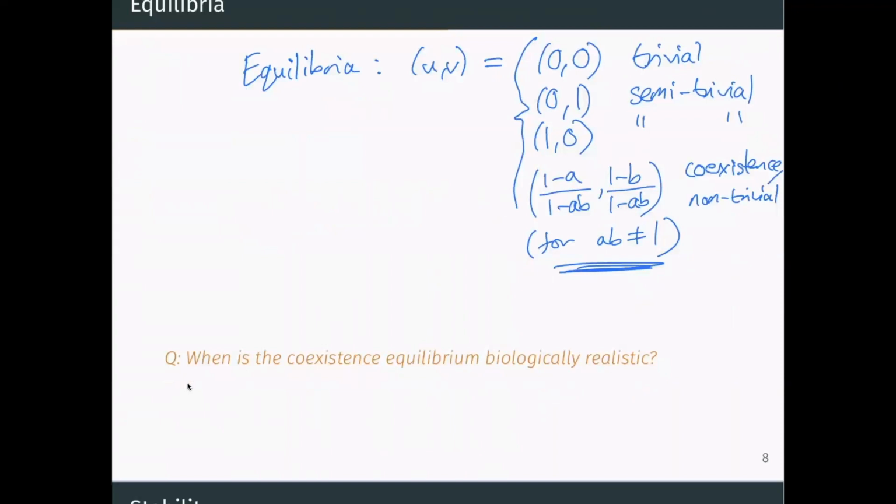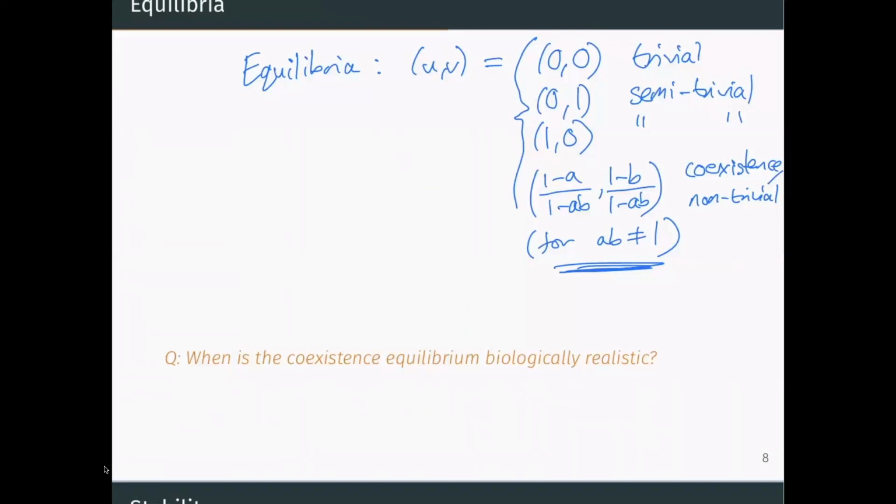We should be saying when is the coexistence equilibrium biologically realistic. So this AB not equaling 1 is saying that it's mathematically required. But for it to be biologically realistic, we need to have both our U and our V being positive.